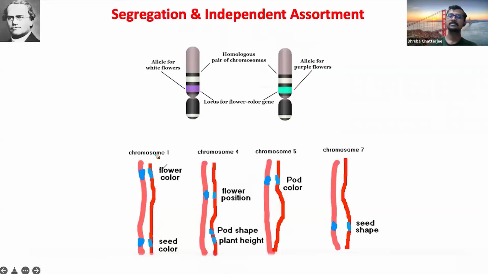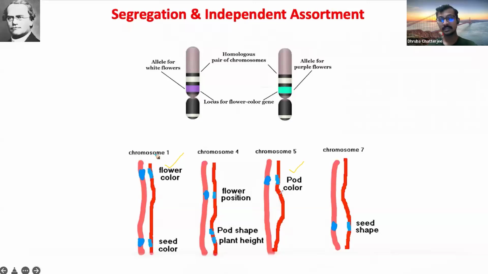That's why the inheritance of flower color genes and pod color genes are independent of one another. Now, Mendel, to be honest, was lucky in some sense to observe the independent assortment of the genes that regulate these particular phenotypes.